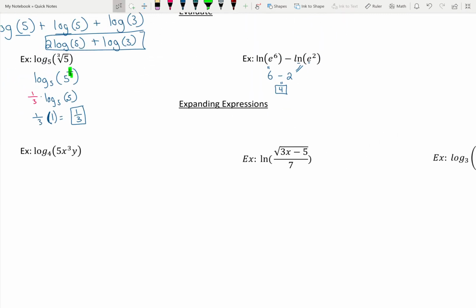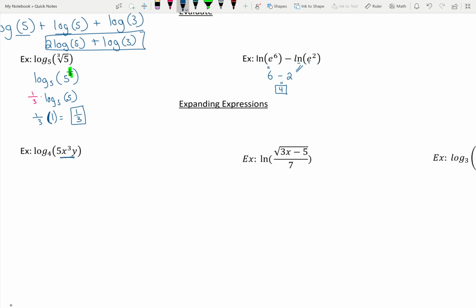All right. The last thing we're going to do is working on expanding and contracting expressions. So it's just pretty much what we just did. All right, so let's keep going here. How can I expand this guy as much as possible? Well, the first thing you should realize is that all of these guys on the inside are being multiplied to each other.